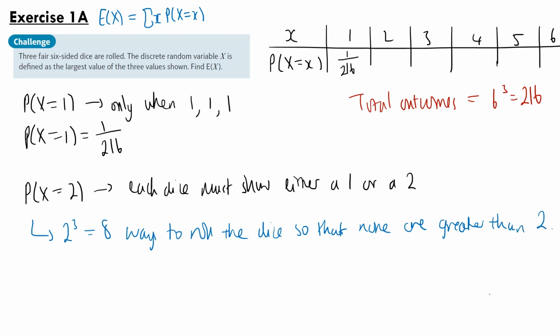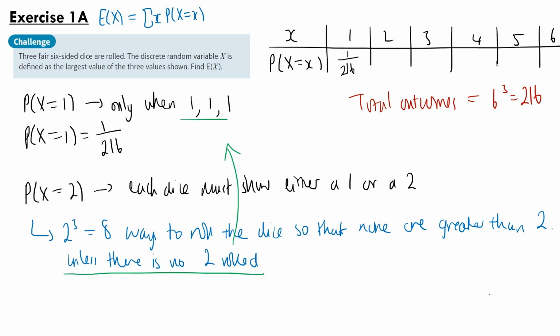This means the largest value of the 3 values shown will be 2 unless there is no 2 rolled, and this corresponds to the case above, where we only roll 1s. Therefore the probability that X is equal to 2 is 8 minus 1, which is 7 over 216.